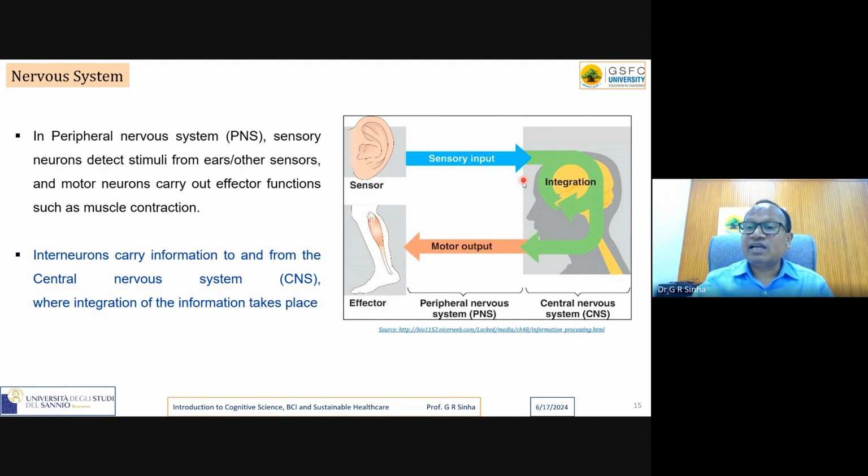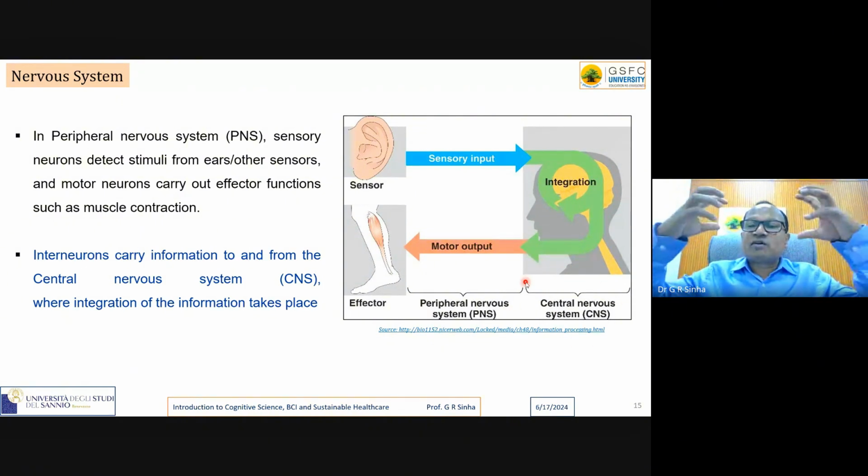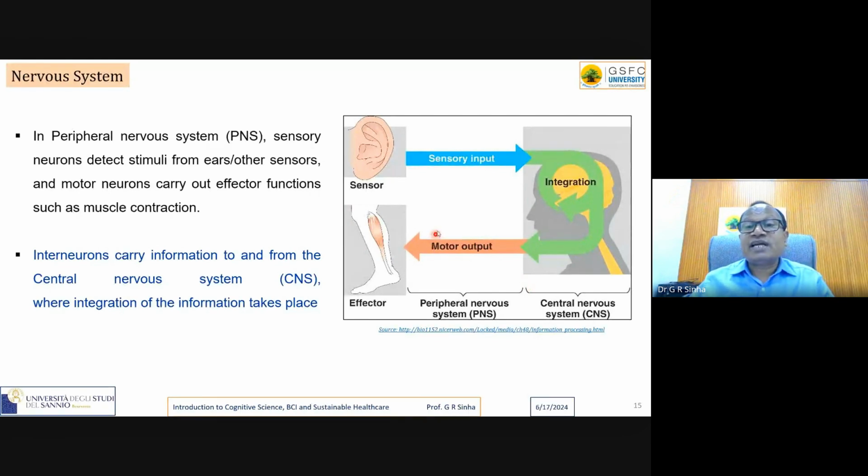This entire integration area is called the central nervous system, CNS. It is the nervous system of our brain. Whereas outside the brain, you are performing certain tasks, and that task is interfaced with the brain, and this interface is called the peripheral nervous system. So there are two types of nervous system: peripheral, meaning external, and the central nervous system, which is associated with the brain.